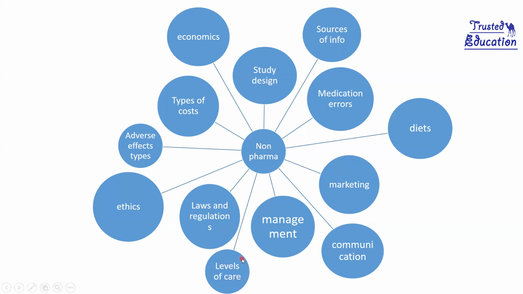If the general doctor couldn't deal with or solve the problem, he will transfer the patient to a specialist. And if the specialist could not solve the problem, he may hospitalize the patient or transfer him to a consultant. So all of these are levels of care we will know throughout the course.